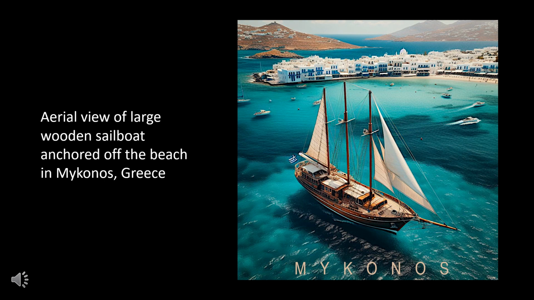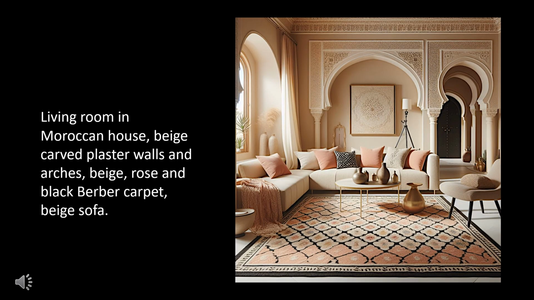Aerial view of large wooden sailboat anchored off the beach in Mykonos, Greece. Living room in Moroccan house, beige carved plaster walls and arches, beige, rose, and black Berber carpet, beige sofa.